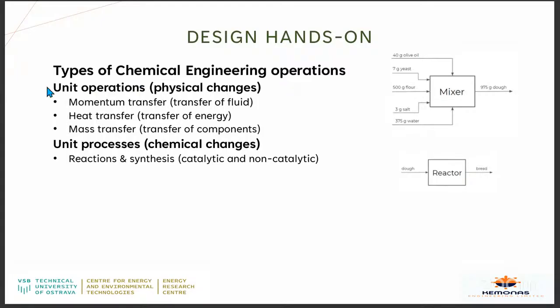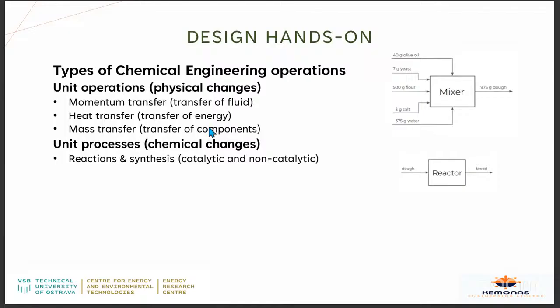So we have the unit operations, which are physical changes. Momentum transfer is just a transfer from one point to another, no chemical reaction going on. Then you have heat transfer, transfer of heat from one medium to another medium. And you have mass transfer, which is also transfer of components.